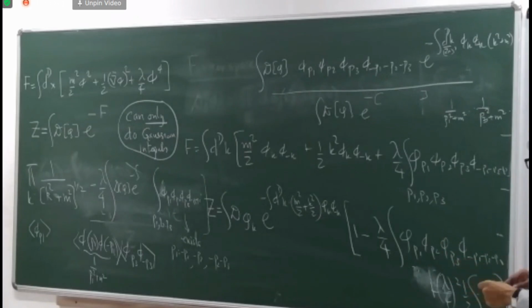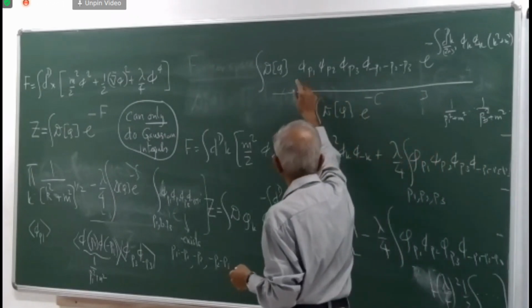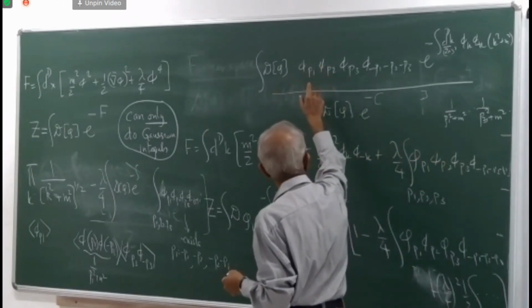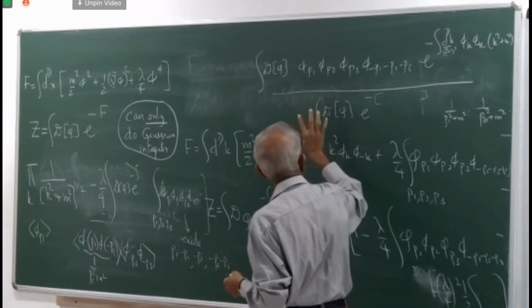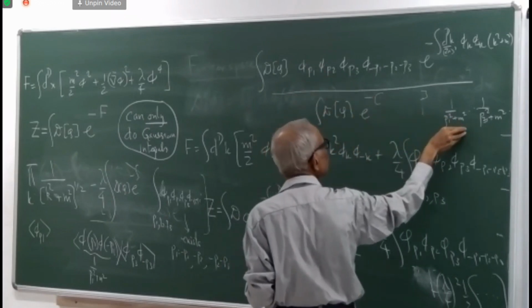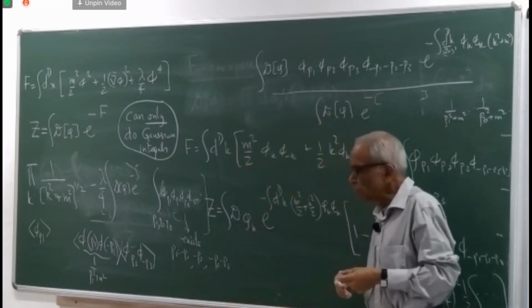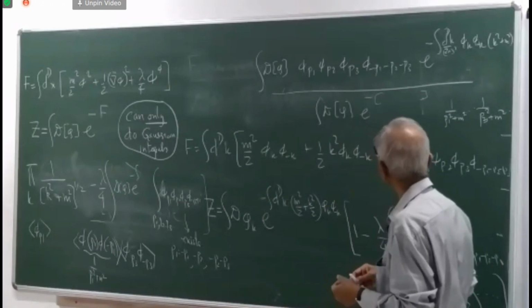So that's that. And then when we were doing these integrals, if I have 2 of them divided by this, then the answer is 1 over P1 square plus M square. So that's that. All right.